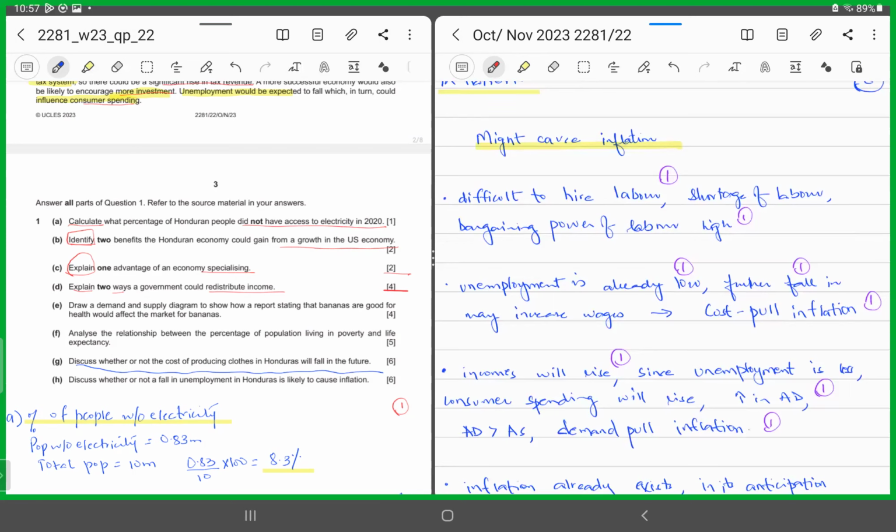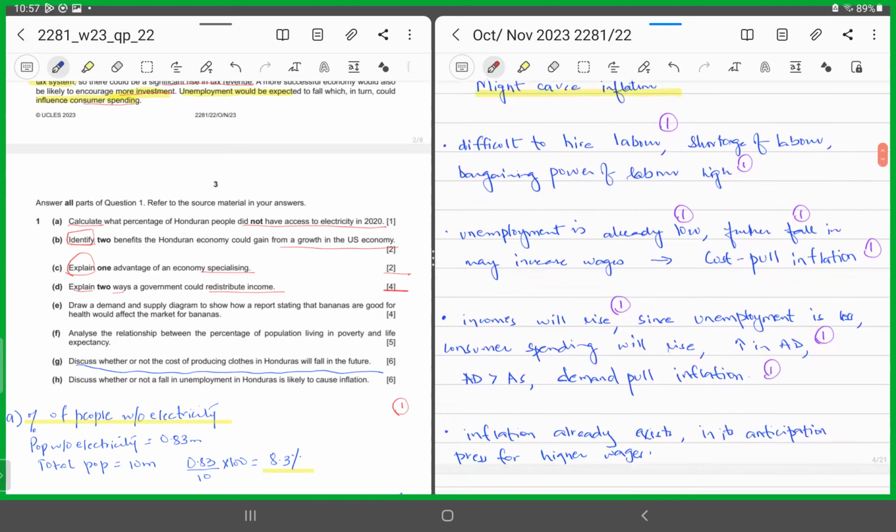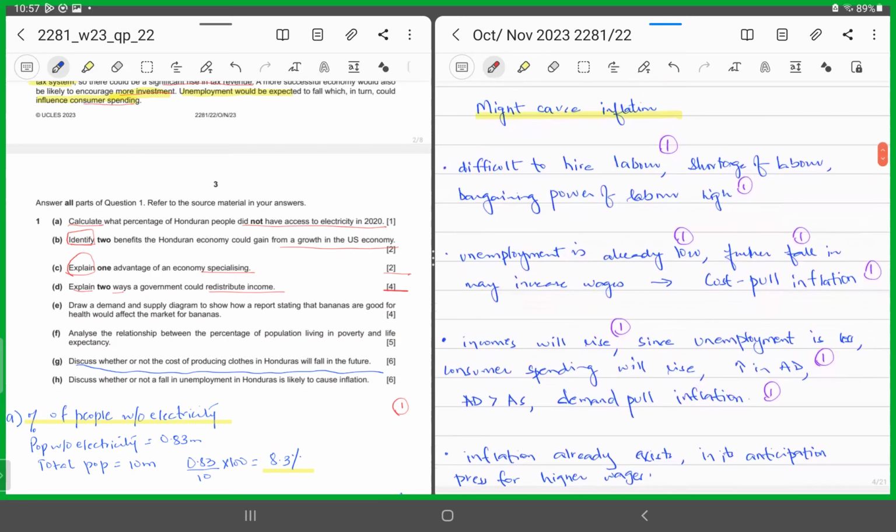Your evaluation will not be questioned by the examiner if you have convinced him. If you've convinced him with your justification, your evaluation is going to be correct. So always write a thoughtful answer whenever the question carries a discuss command word.